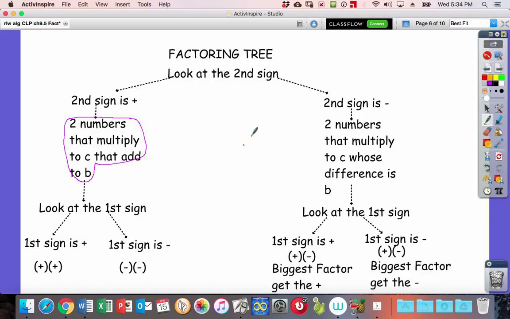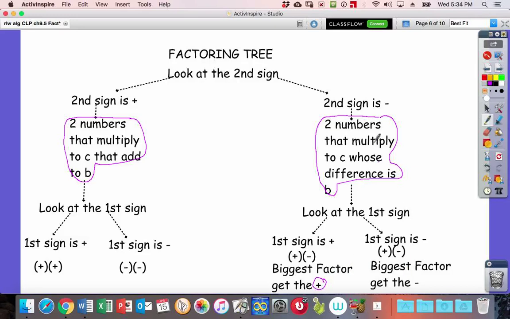Okay. On this one, if the second sign is negative, this is the game I'm playing: two numbers that multiply to the back number whose difference is b. Once I find that, I put my parentheses in, and I have to know which one's got the plus and which one's got the minus. The biggest factor gets the first sign.